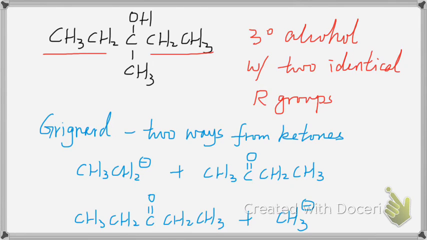But we do have one more method to make this tertiary alcohol by Grignard reaction. Our starting material could be, instead of ketones, esters.